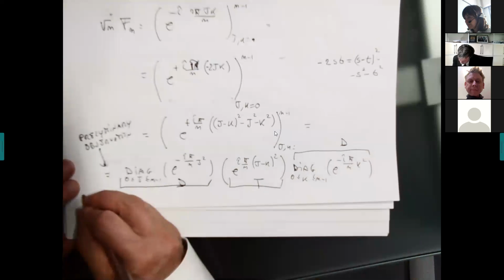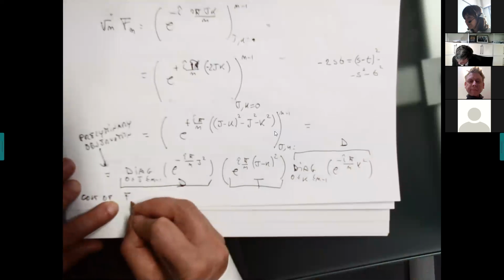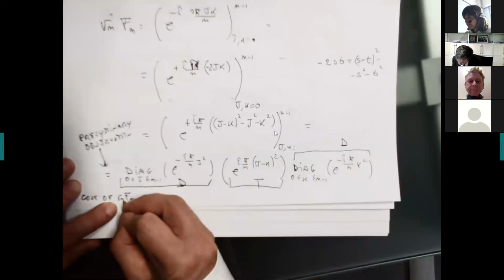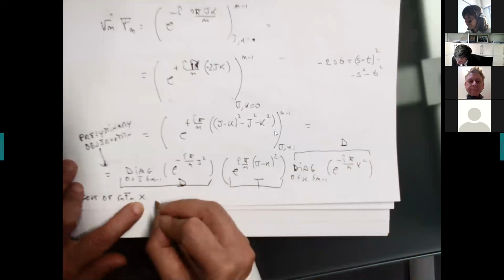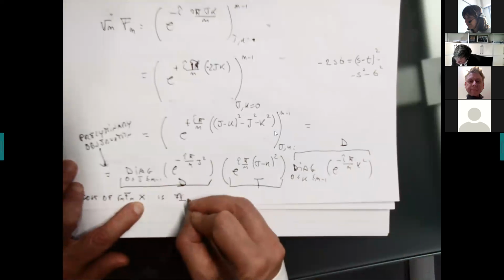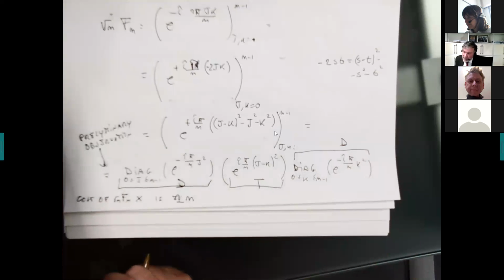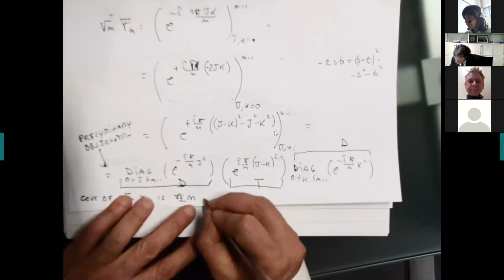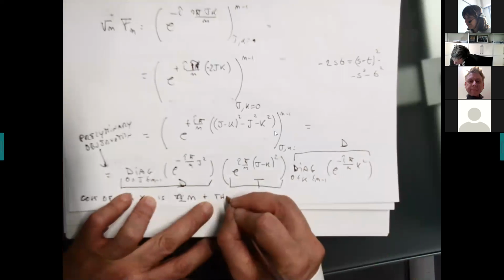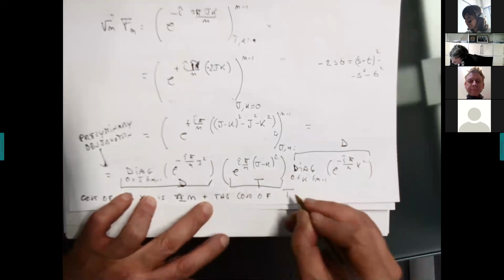So the Fourier matrix can be factorized as diagonal Toeplitz diagonal. So the cost of F_n times x is 2n, that is the cost of multiplying diagonal matrices times a vector, plus the cost of T times a vector.